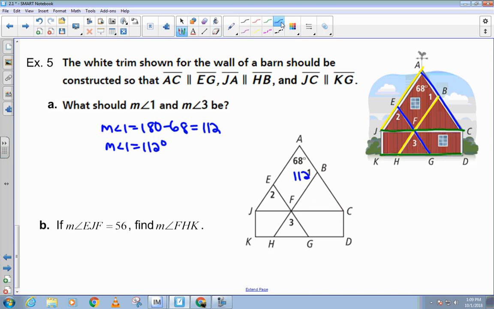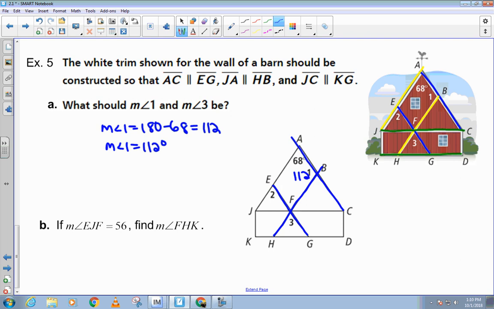Okay, let me erase this. If I looked at angle 3, it takes these right here, right? Let's look at this right here, because these lines right here are supposed to be parallel, right? Cut by this transversal. I can find this angle, right?